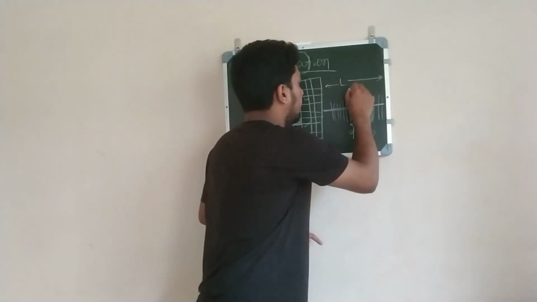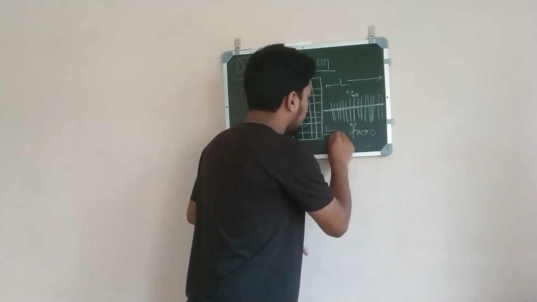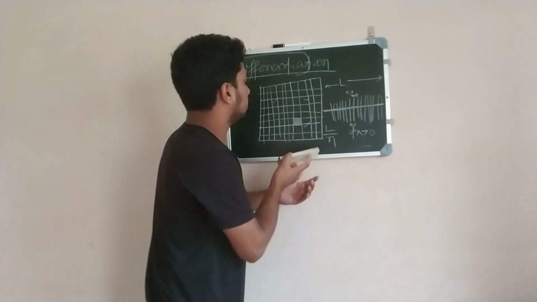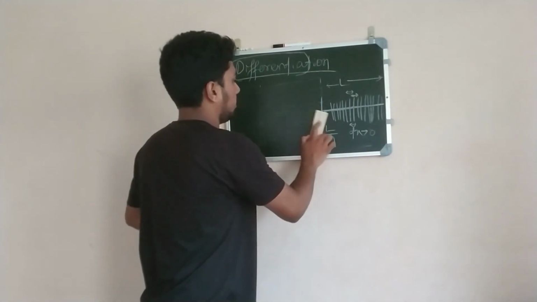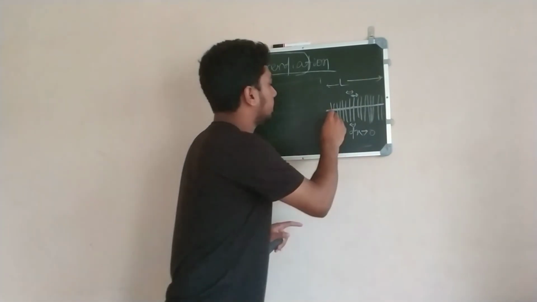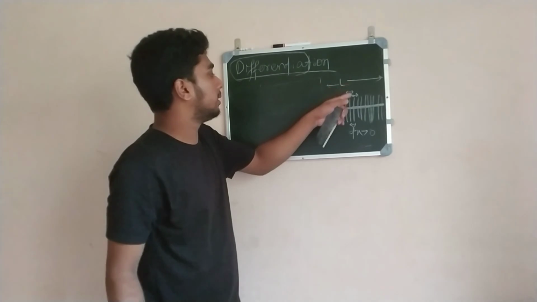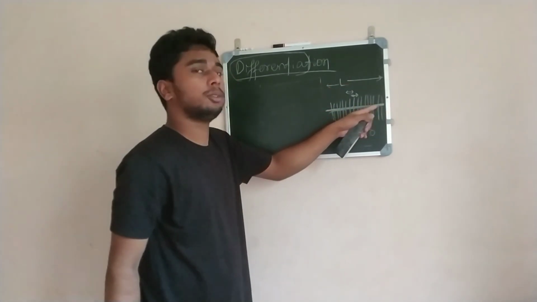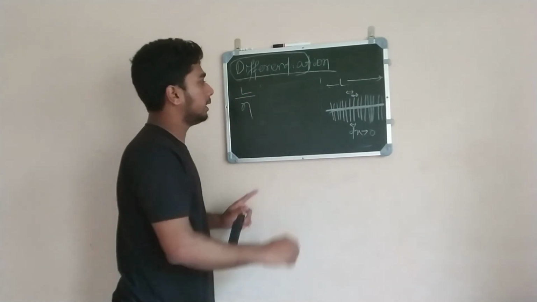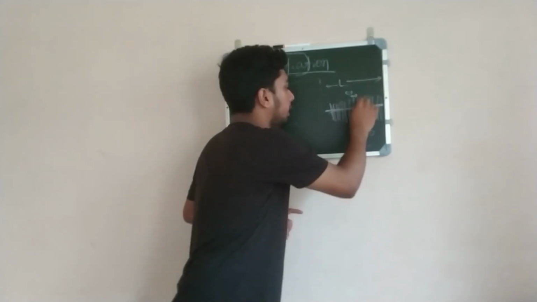For example, the total length is L. Here I have taken the length of this wire, L, and I divide this wire n times. Dividing n times means I can divide this infinite times.